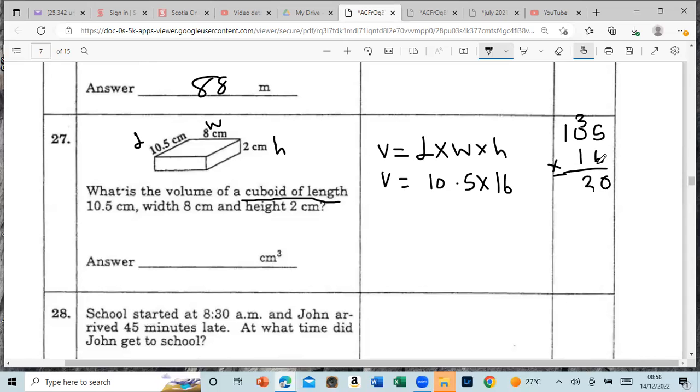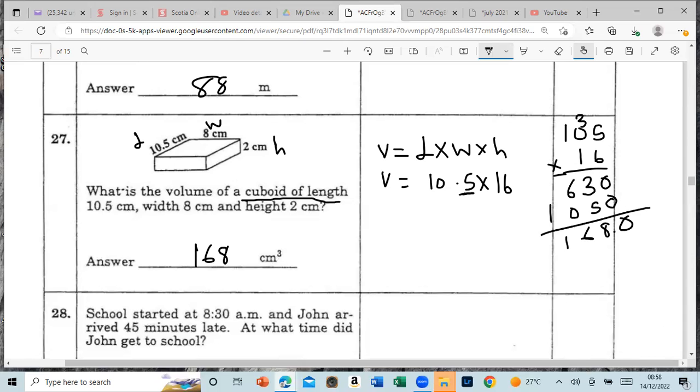Guys, if you can't do these, just join the class. 6 1s are 6, very simple. Add now, so that's 0, 8, 6, 1. And remember, we had 1 decimal point, so it is 168 centimeter.